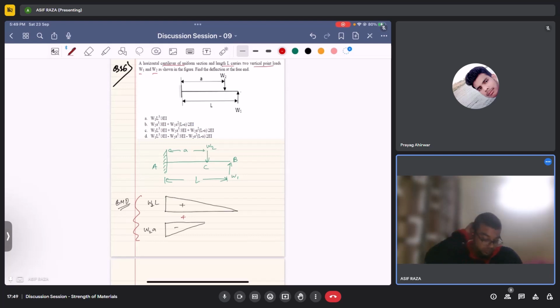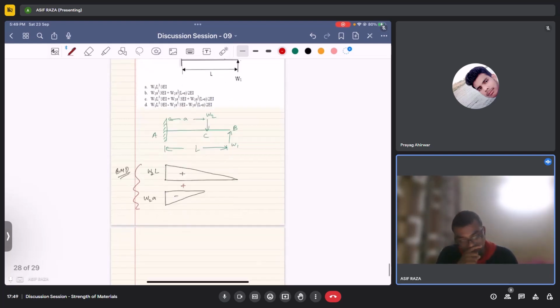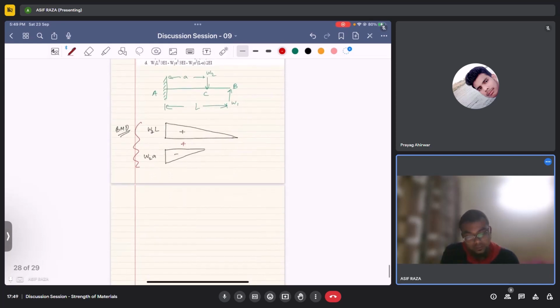This is the cumulative contribution. I need to find the deflection at B due to this cumulative contribution.